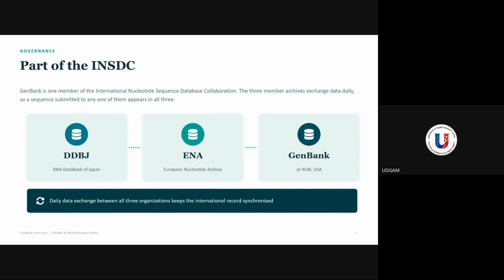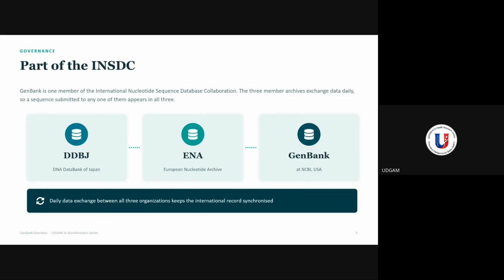All three databases will get your accession number, and it is equally distributed among them. So for us, there should be no redundancy in a particular search. This is the main structure of INSDC, how INSDC works.